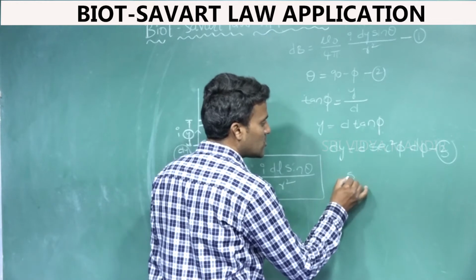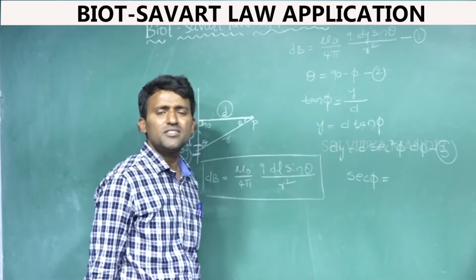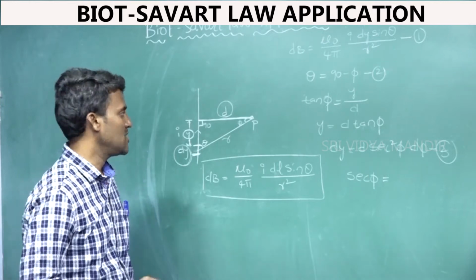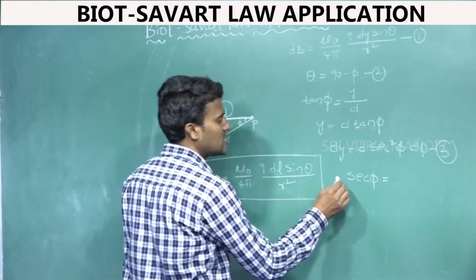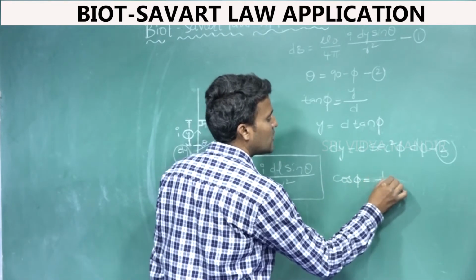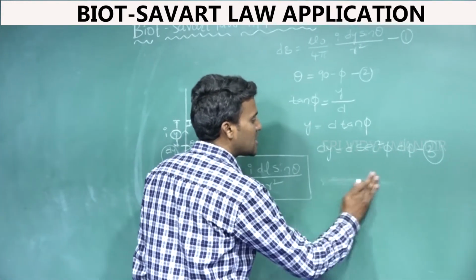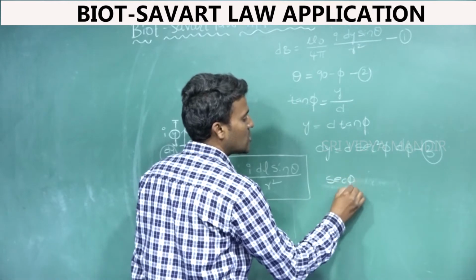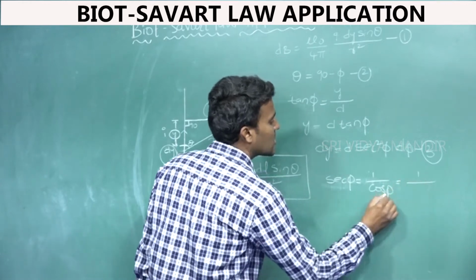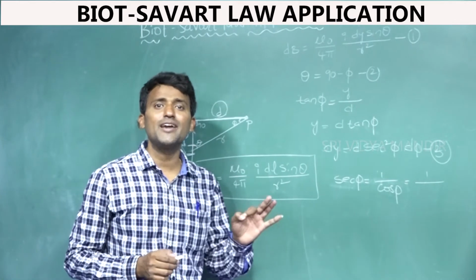Now sec phi is the reciprocal of cos phi, so sec phi is equal to 1 divided by cos phi. Cos phi is adjacent side divided by hypotenuse.